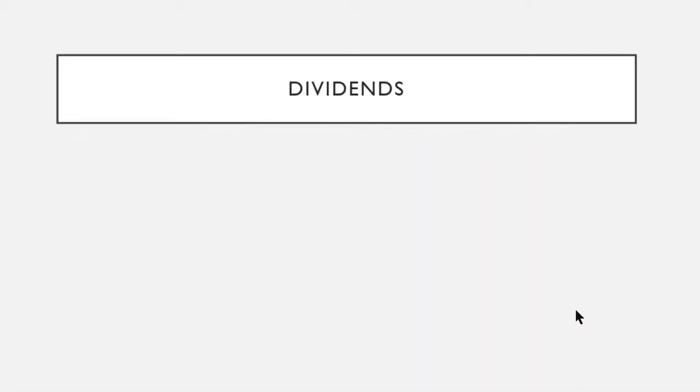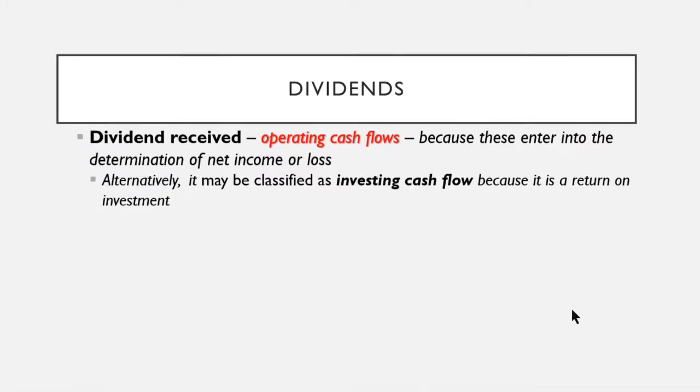Next you have the dividends. So, how do we classify the cash transactions related to dividends? As a rule, according to PAS 7, dividend received is an operating cash flow because it enters into the determination of the net income or loss.